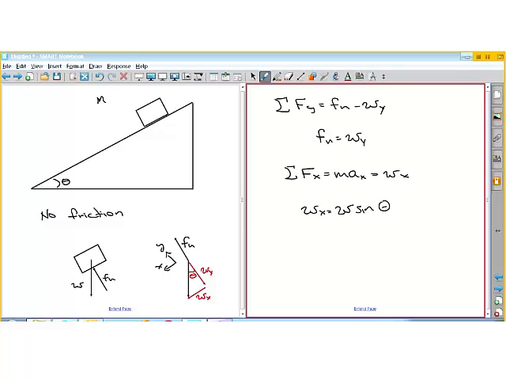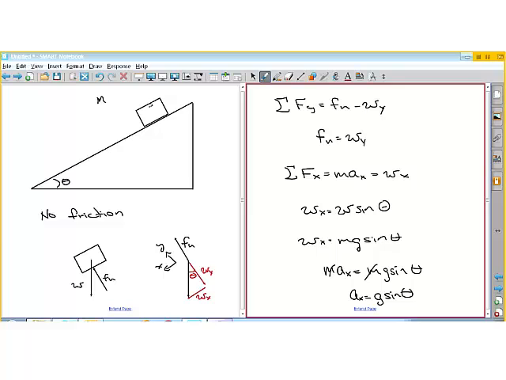So it's the sine that we use. And we also know that the weight is equal to the mass times the acceleration due to gravity. So you see that the x component is mass times acceleration due to gravity times sine of theta. So I can plug that in, and so the weight is mg sine theta. Masses cancel out. So the acceleration in the x direction is equal to the acceleration due to gravity times the sine of theta.